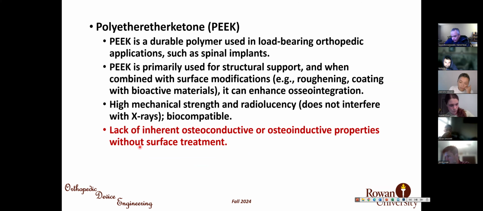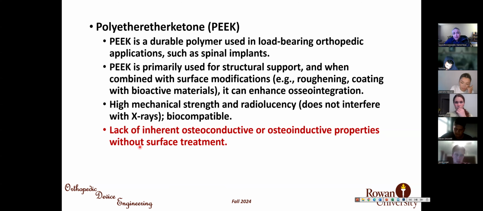We have another ceramic or polymer. It's better to be called polymer. It was a mistake to call it ceramic. It's polyether ether ketone, PEEK.